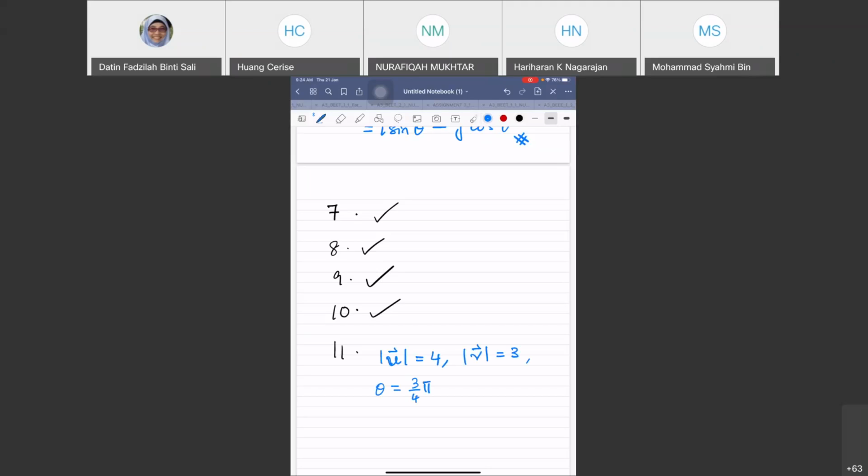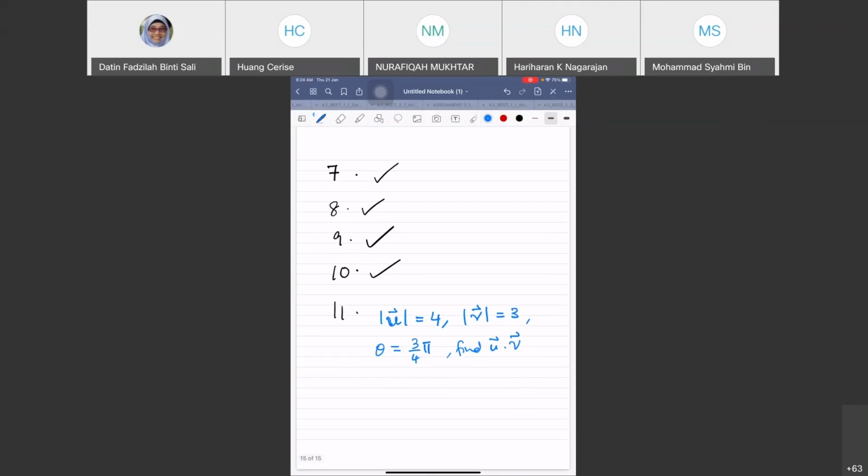So the question asks you to find u dot v. When all this information is given, finding u dot v, you cannot use components. What you need to do is use the theorem. Theorem of what? Theorem of this: cosine theta is u dot v over the magnitude of u times the magnitude of v.